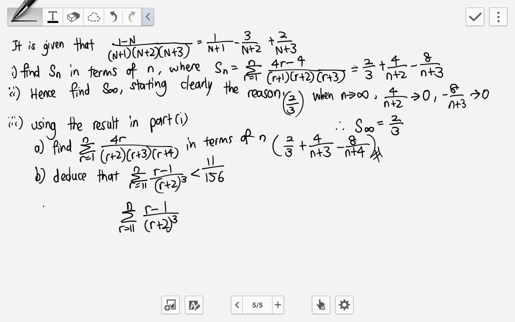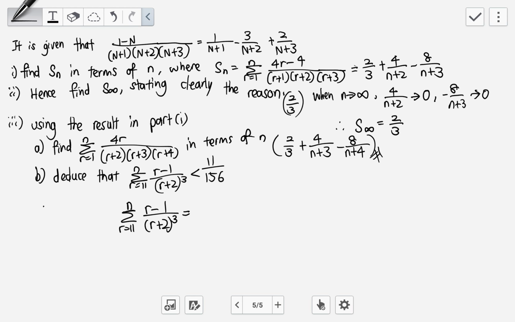Okay, what I know is, how do I get to this term, right? Let me think of the way. So this is equals to, if I want to change it to r equals to 1.